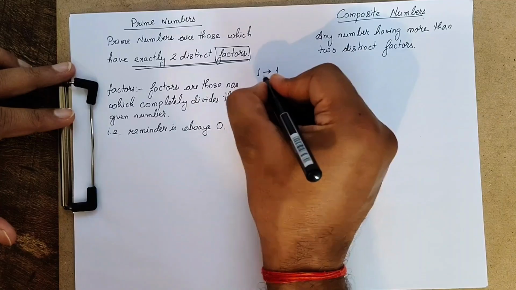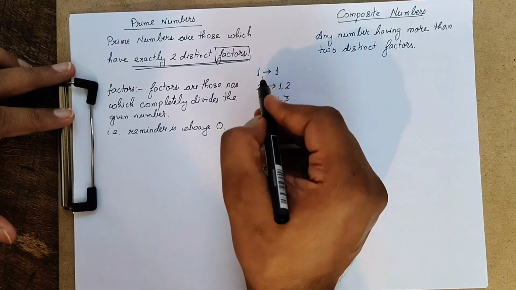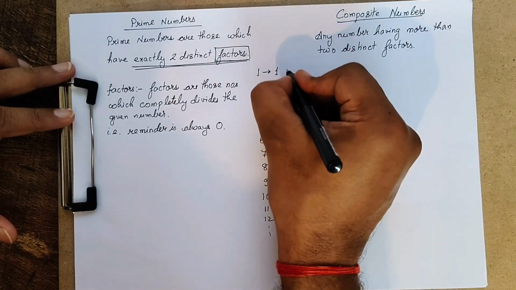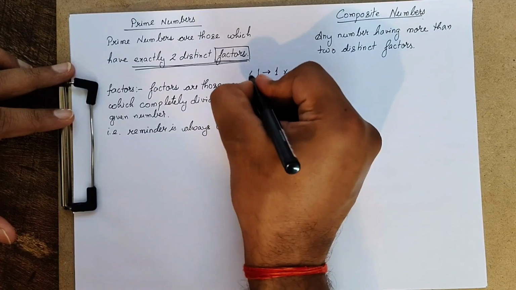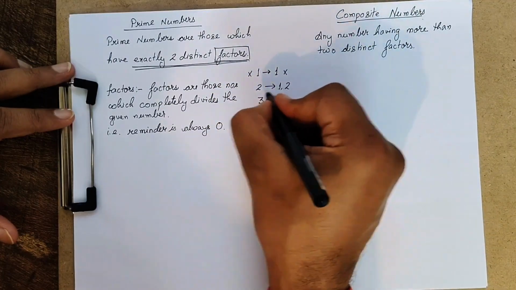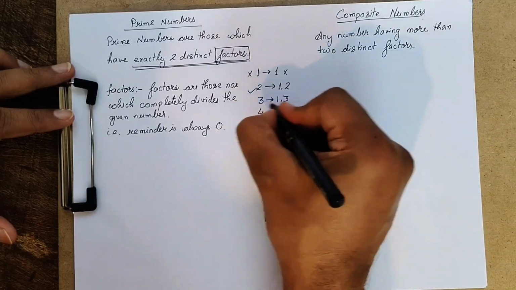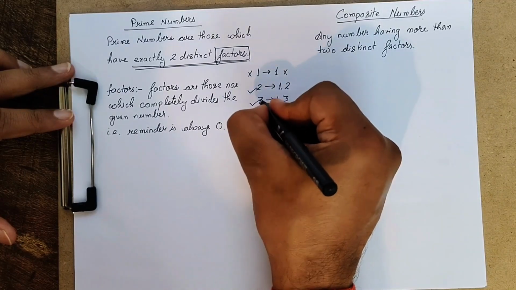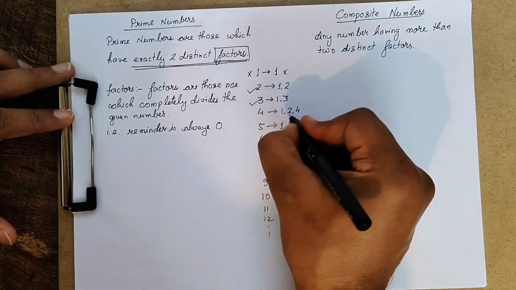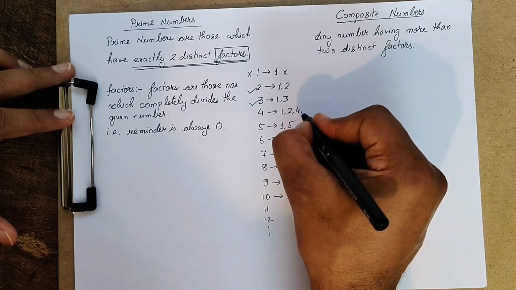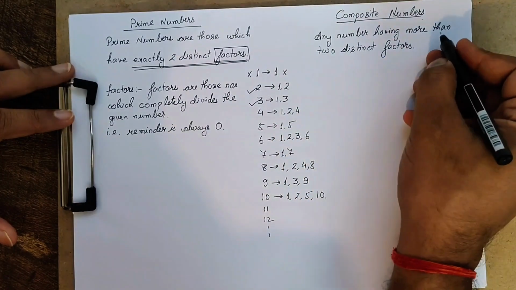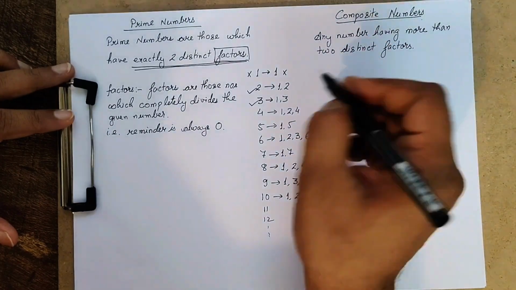Now let's see, is 1 a prime number or a composite number? We can see that 1 has only one factor, so it is neither a composite number nor a prime number. While 2 has two distinct factors, so it's a prime number. Similarly, 3 has only two distinct factors, so it is a prime number. 4 has three distinct factors, and more than two distinct factors is called a composite number.